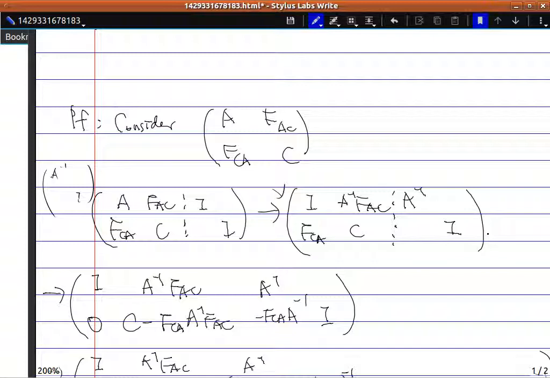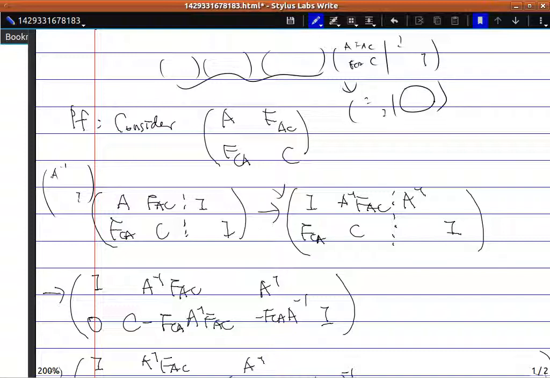And so what happens if I multiply a bunch of simple matrices, and that will equal a whole thing eventually, to get this original matrix A, FAC, FCA, C, I, into something like I, something.